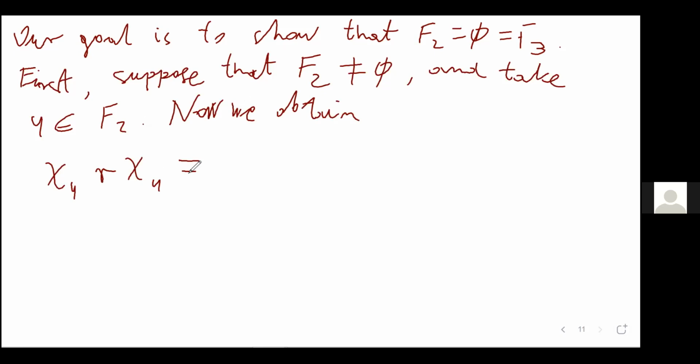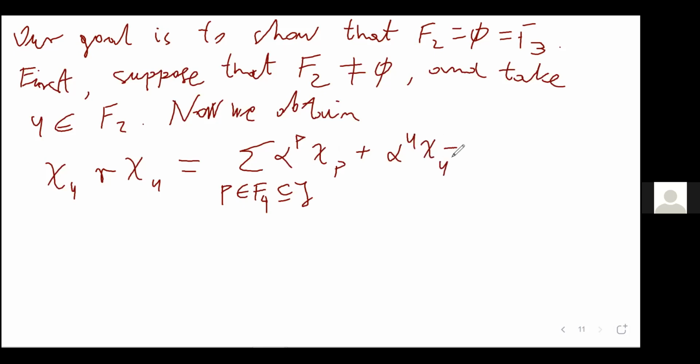This will be equal, here I have the sum over P running over some other set F4, which is a subset of J. I still have alpha P chi P. And here I'll have alpha U chi U. And one more term.